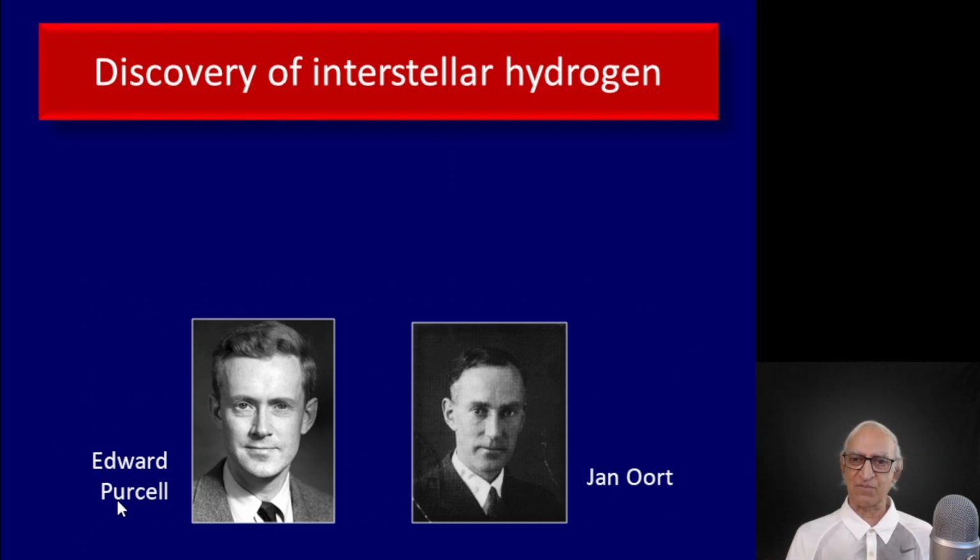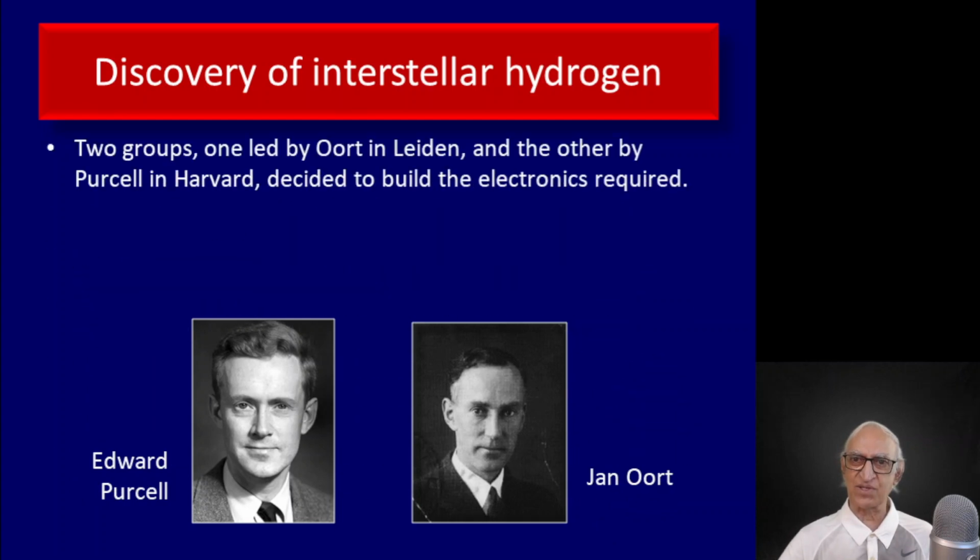So, two gentlemen, Edward Purcell at Harvard University and Jan Oort in Leiden in Holland, decided to build equipment to discover this radiation from interstellar space. Now, whenever your professor wants to make a major discovery, the first thing he does is to get hold of a good student who will then do all the hard work.